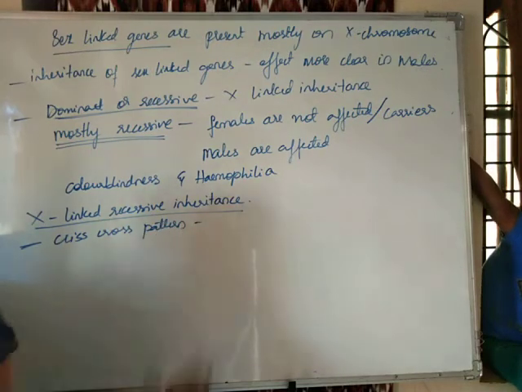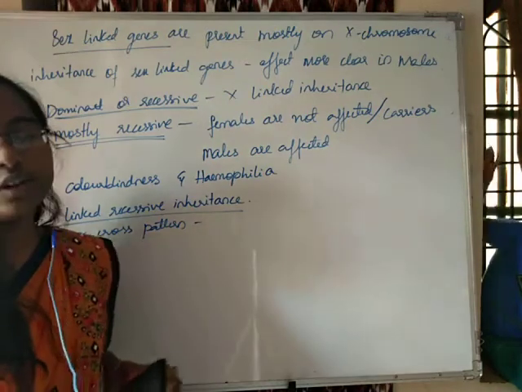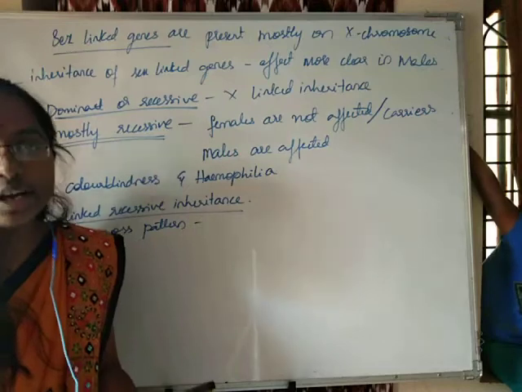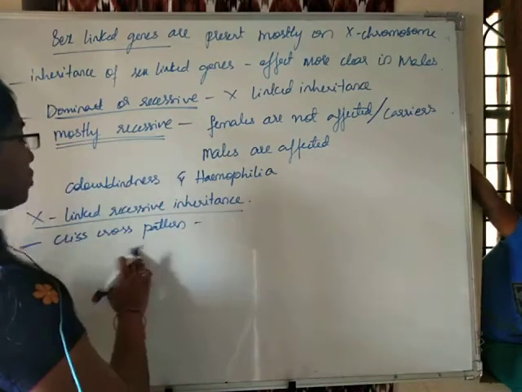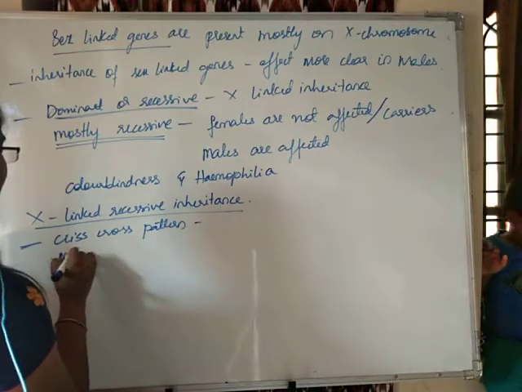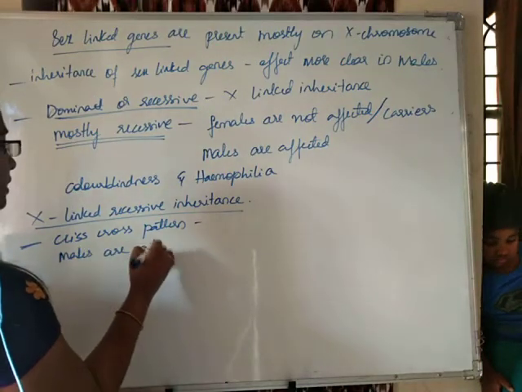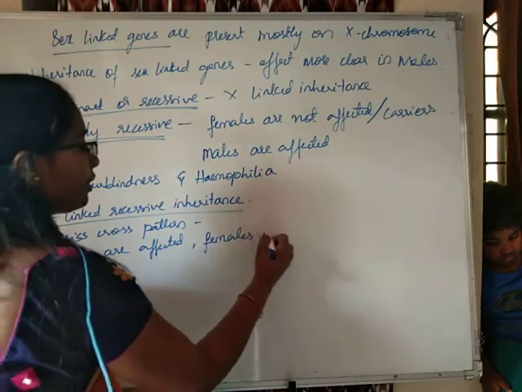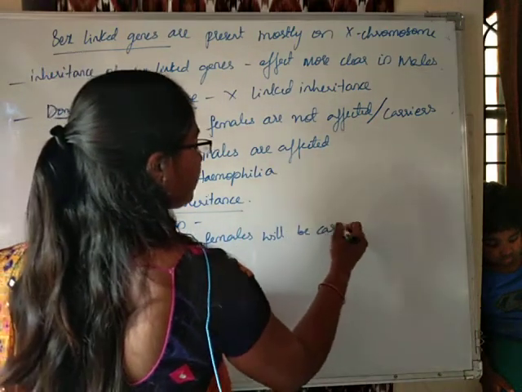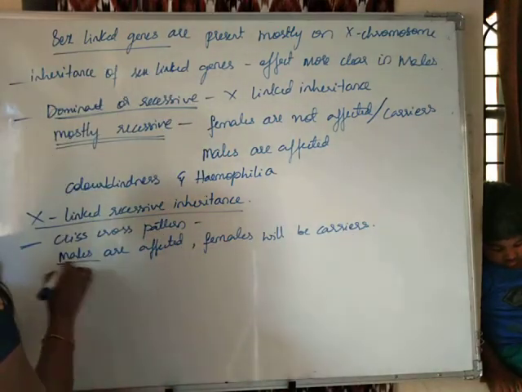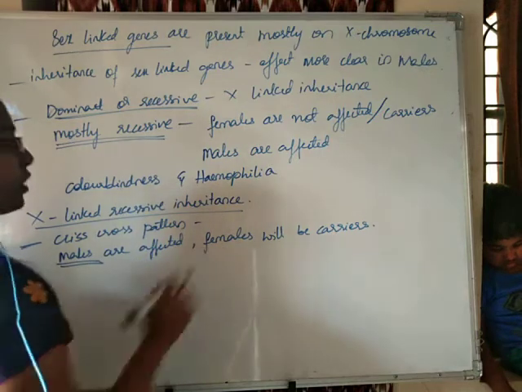Crisscross pattern of inheritance means that generally males are affected and females will be carriers. So these male individuals are affected, and females will generally be carriers.